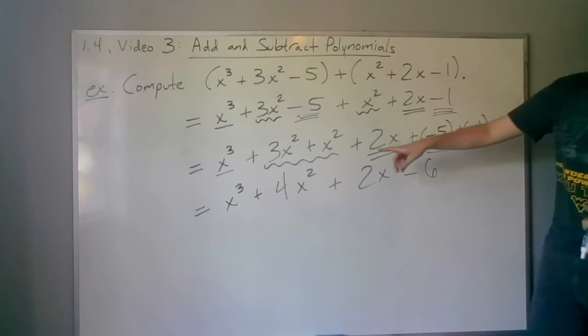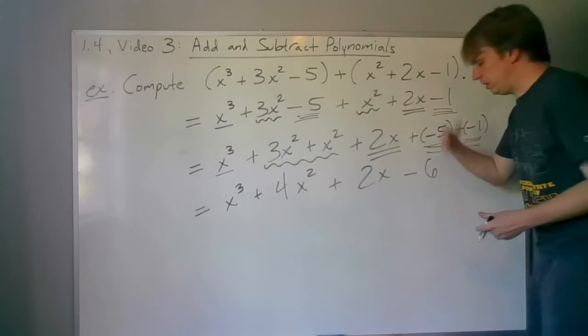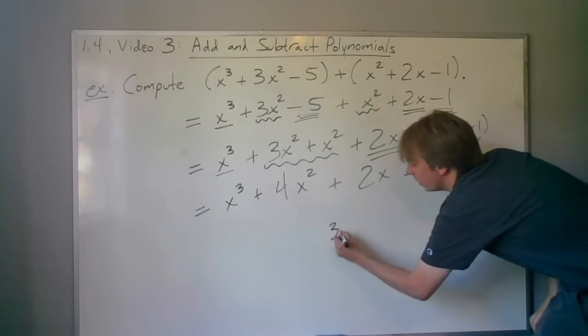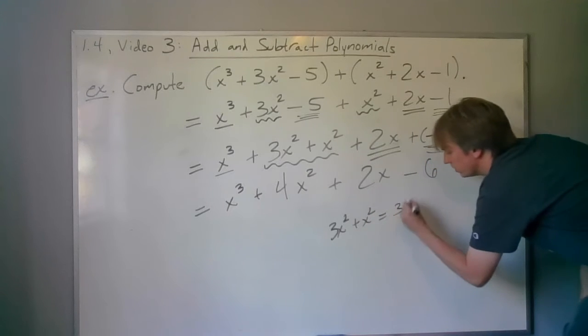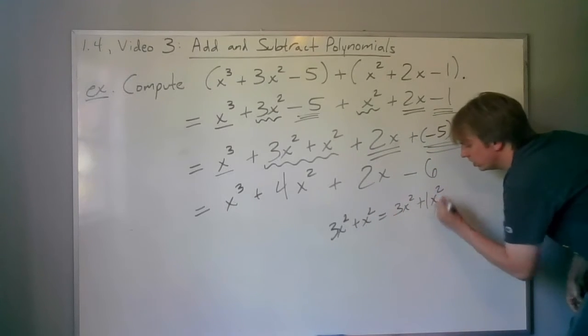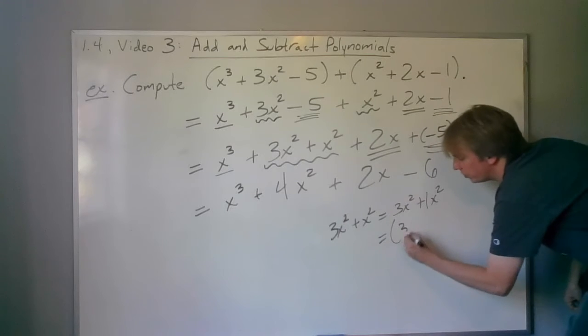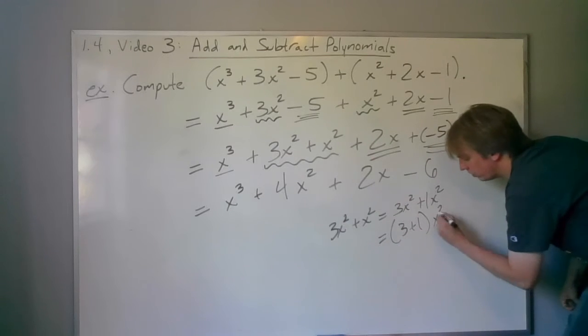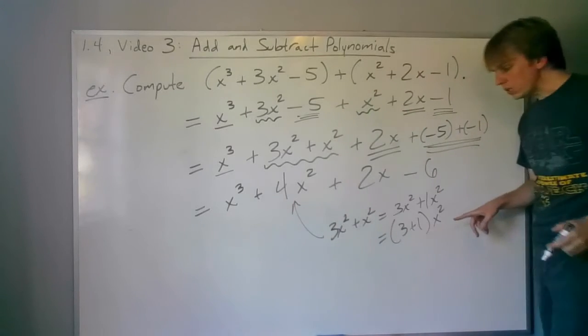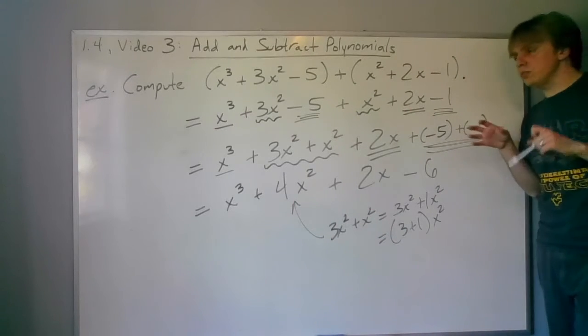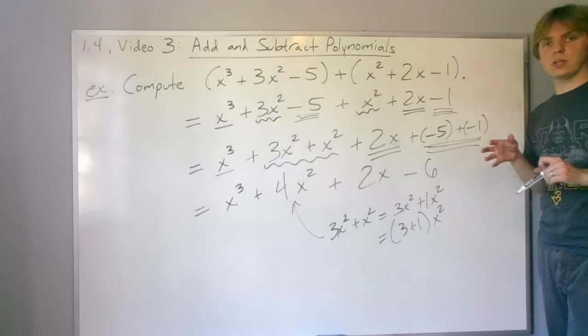Okay, another way that you can think about this, if I wanted to write yet more steps: 3x squared plus x squared is the same as 3x squared plus 1x squared, which is the distributive property on (3 plus 1)x squared, which is where the 4x squared is coming from. I should point out, don't feel like you have to write every single step that I wrote in.